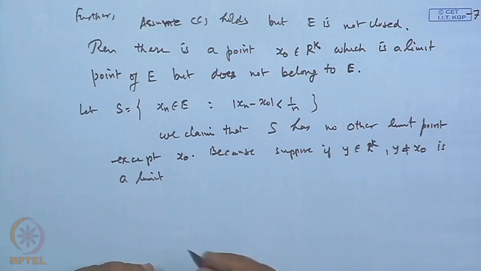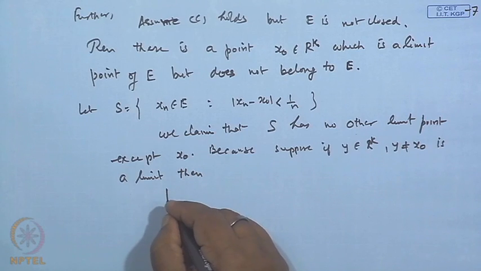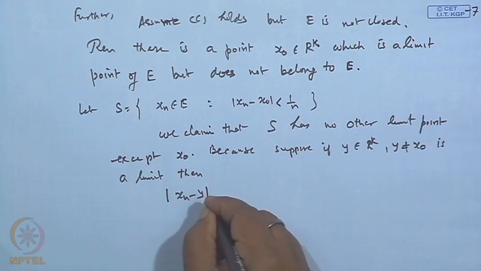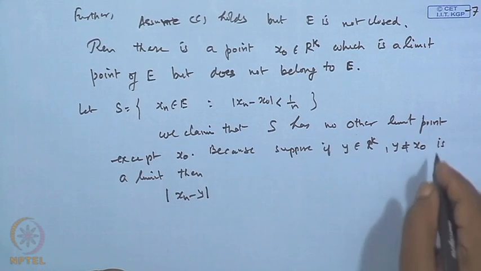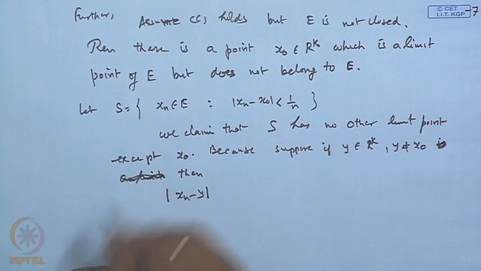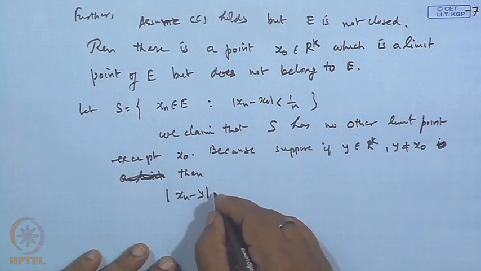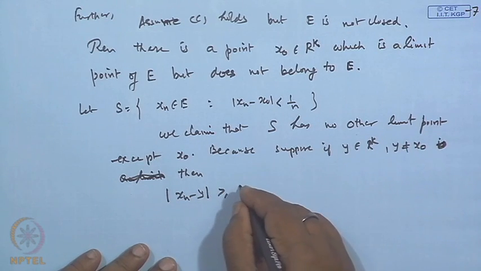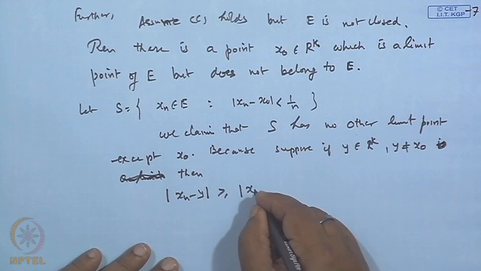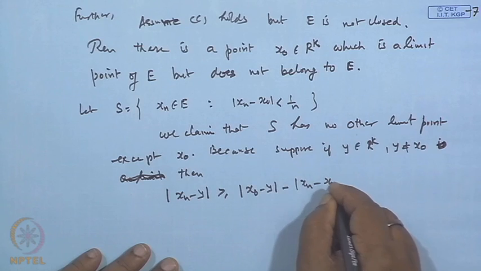Then the distance between x n and y: suppose y is another point which is different from x naught, then we can say the modulus of x n minus y is greater than or equal to the modulus of x naught minus y minus the modulus of x n minus x naught.